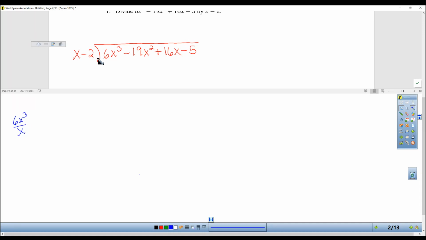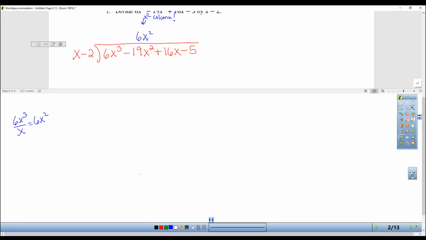You can always do the first thing divided by the first thing, and that'll give you the answer, 6x squared, every single time. Because it's an x squared, I want to keep all my x squareds in the same column. This is going to be my x squared column. Do not deviate from this or you will struggle.